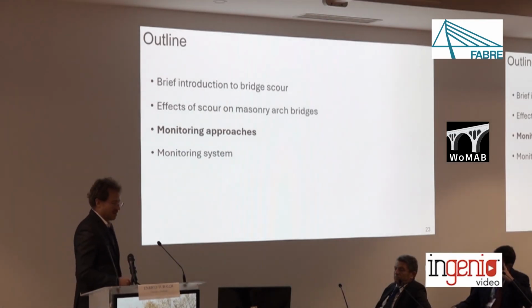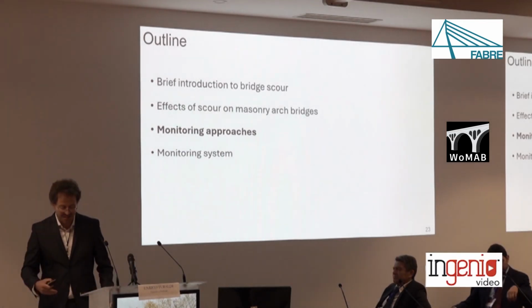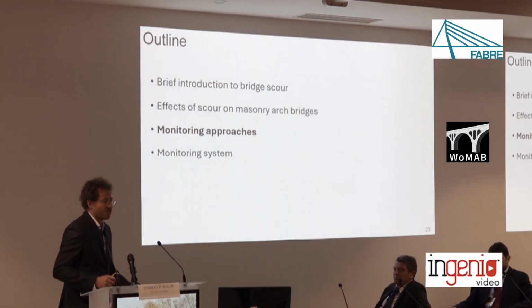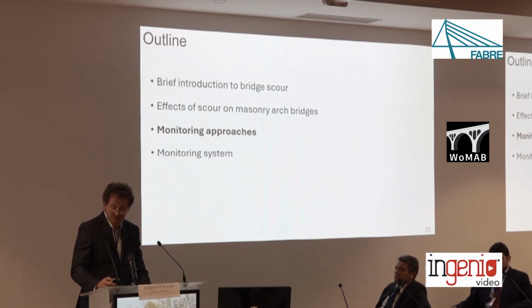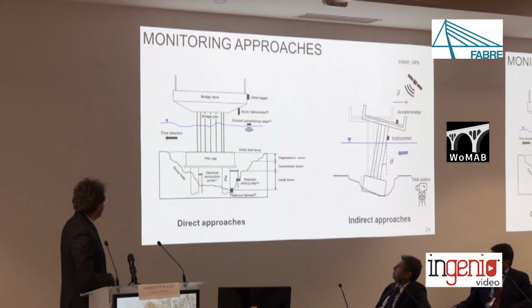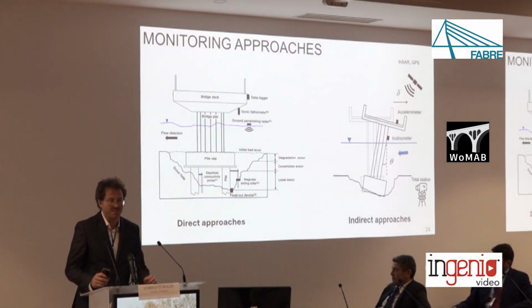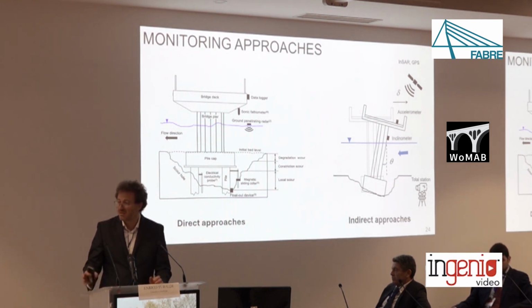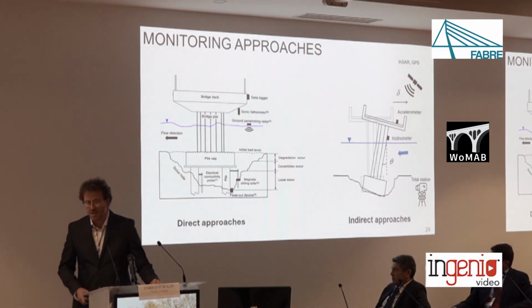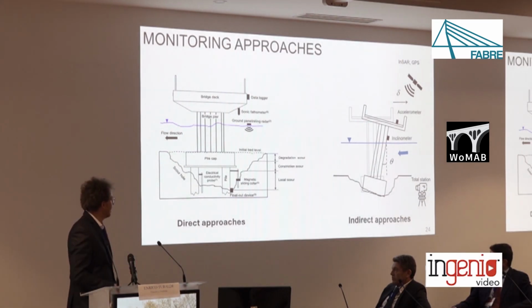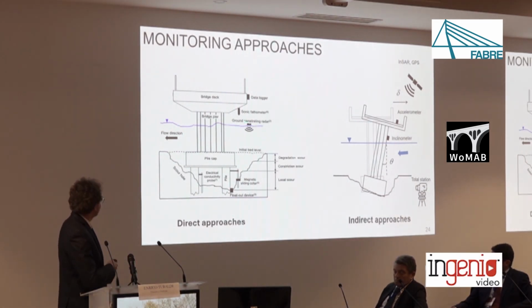And now, having done this overview of the behavior of masonry arch bridges against scour, I will move more towards the topic of this presentation, which is on monitoring approaches. And stepping back a bit, I want to present here the alternative approaches that are available for monitoring scour at bridges. They are usually divided into categories. On the left, you see direct approaches, which means that you directly measure scour at a location or in an area, and different approaches can be used.